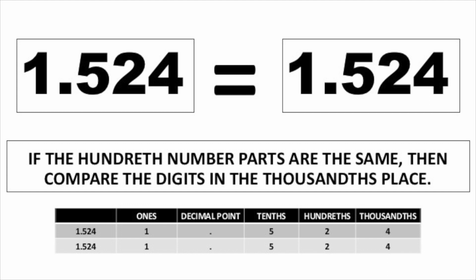So remember guys, when comparing numbers, start with the whole number first, and then if they're the same, move on to the decimal tenths. If they're the same, move on to the decimal hundredths. And if they're the same, move on to the decimal thousandths. So now, let's see if you can tell.